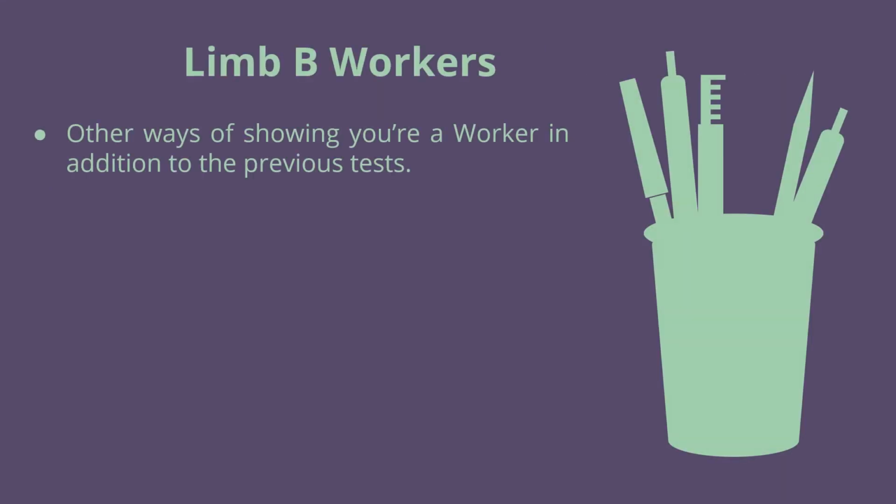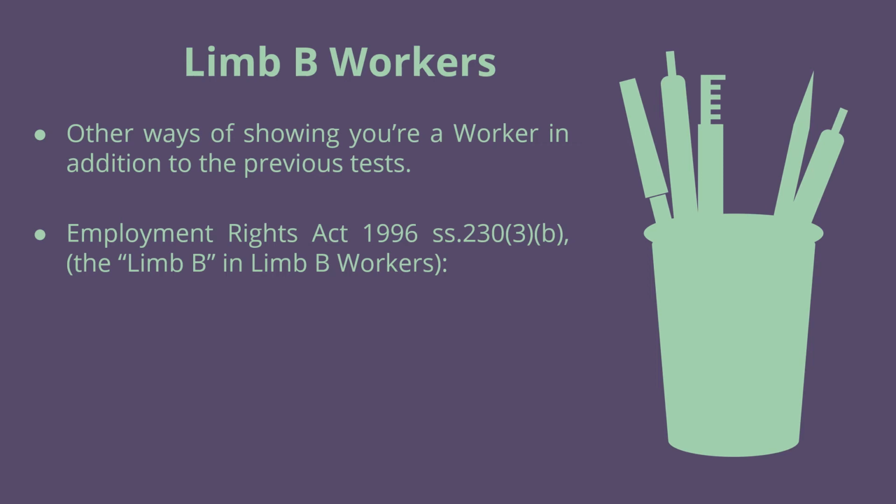There is more than one way of establishing that you are a worker, other than the test that we've outlined. One of the other ways is termed the LINB Test, after the subsection of the Employment Rights Act 1996 that established the test. To satisfy this test, you need to show, firstly, that you're performing the work personally.